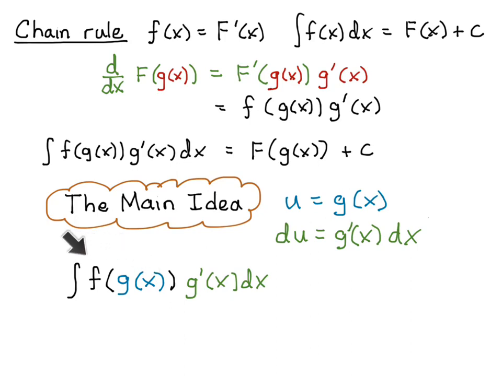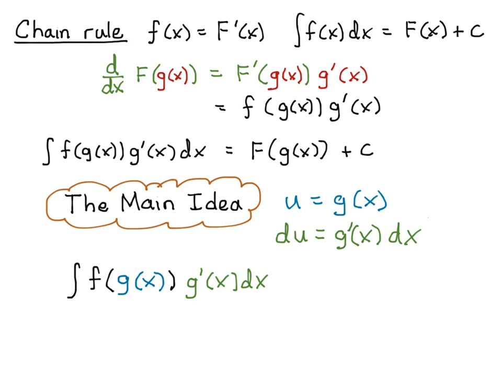And the key to identifying when you can do these things is that outside of this outer function, we have a g prime at x dx. And this can be in any order. This g prime at x could be in front of this or whatever, and you'll see that in a few examples.